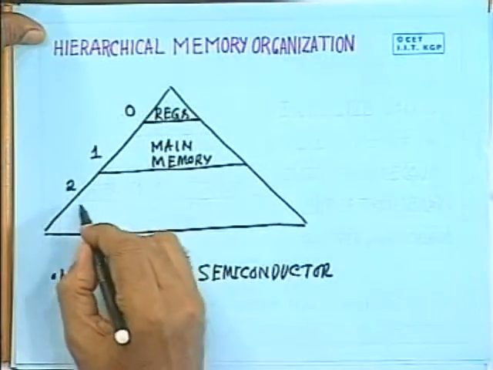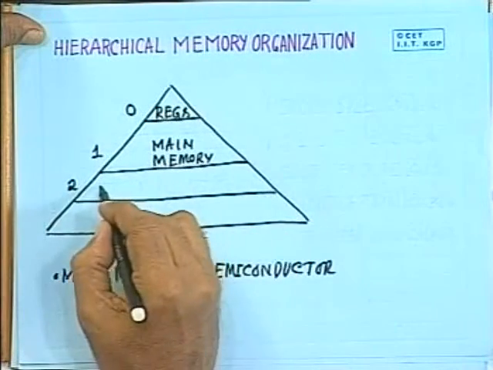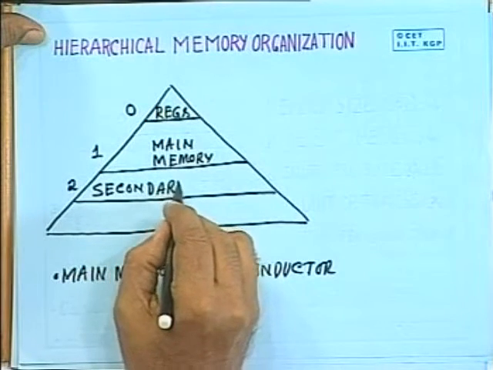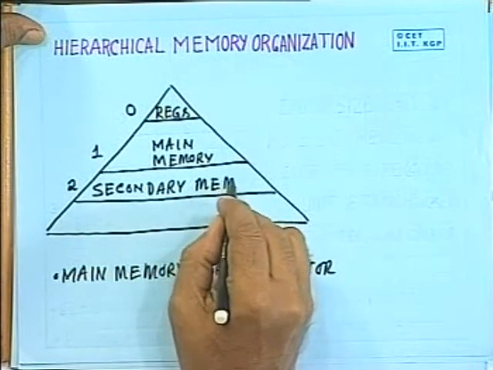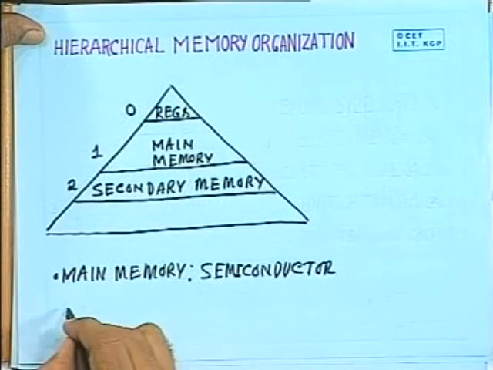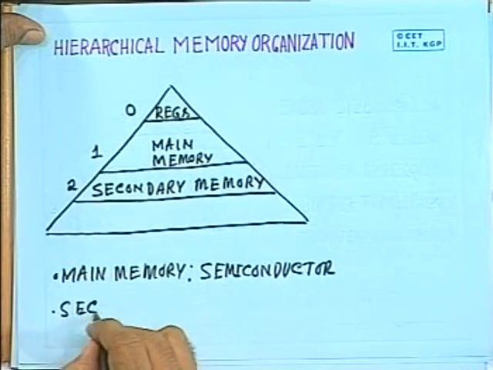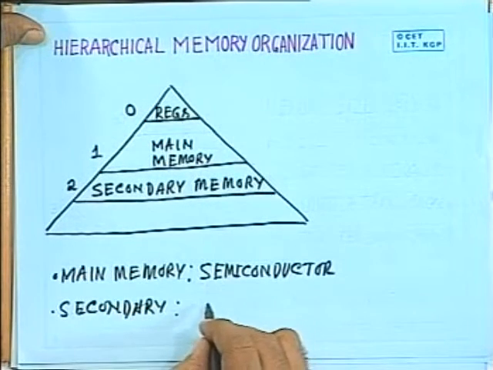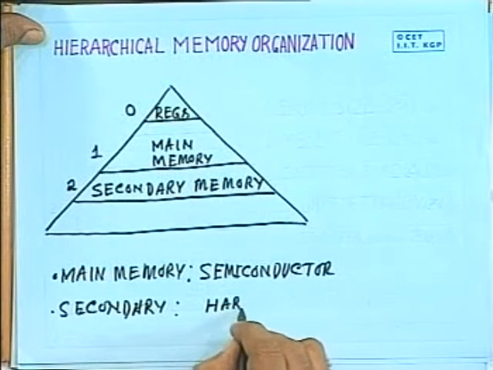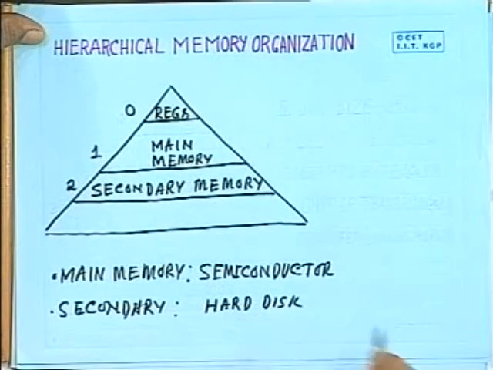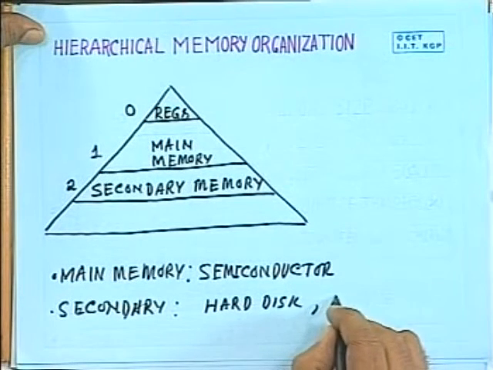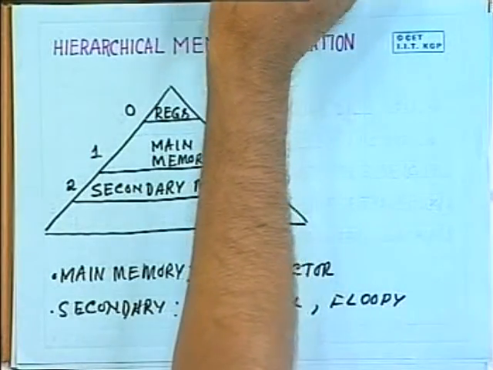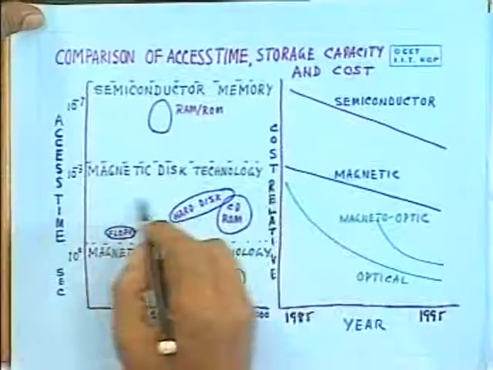Then comes the second level, the secondary memory. The secondary memory is implemented with the help of hard disk, magnetic hard disk usually, or it can be even floppy disk, and these are realized with the help of this magnetic disk technology.